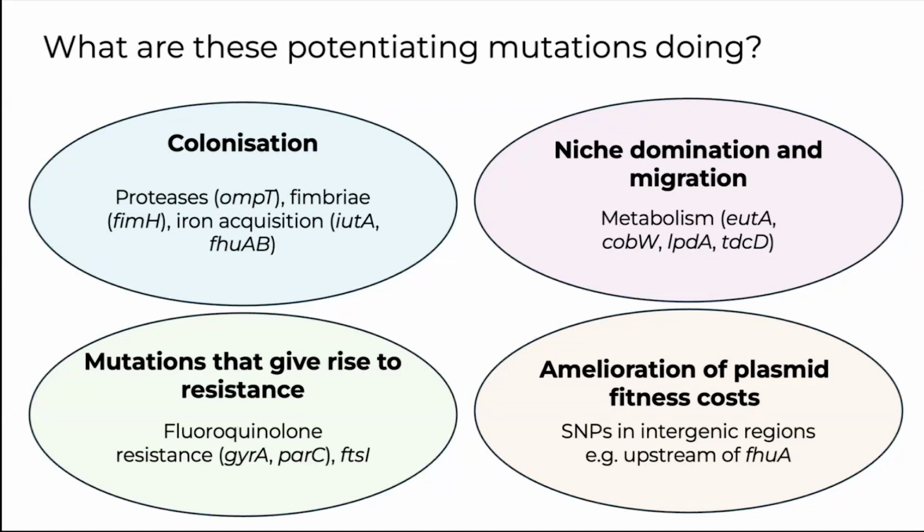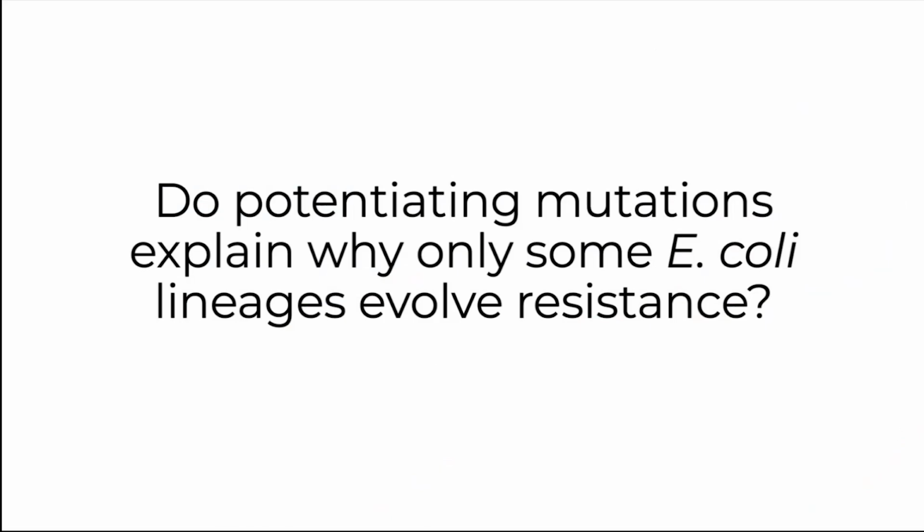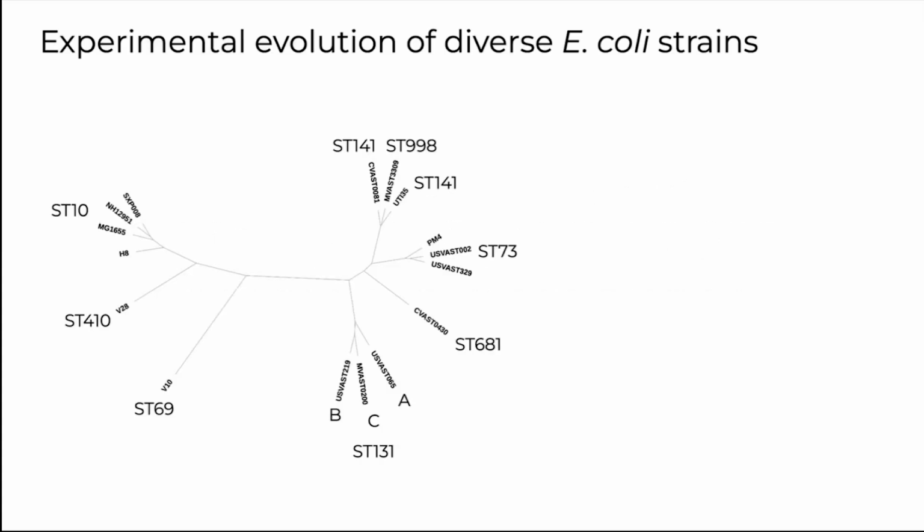So given what we know about evolution in ST131 clade C, we wanted to know whether potentiating mutations might explain why only some E. coli lineages evolve resistance when others just don't really seem to. So we're looking at this experimentally using a data set of 16 different E. coli strains, and they are mostly human isolates from urine, fecal or blood samples, but we've got a lab strain in there as well.